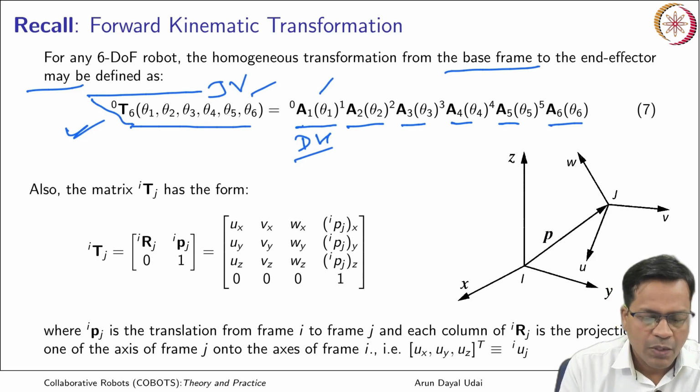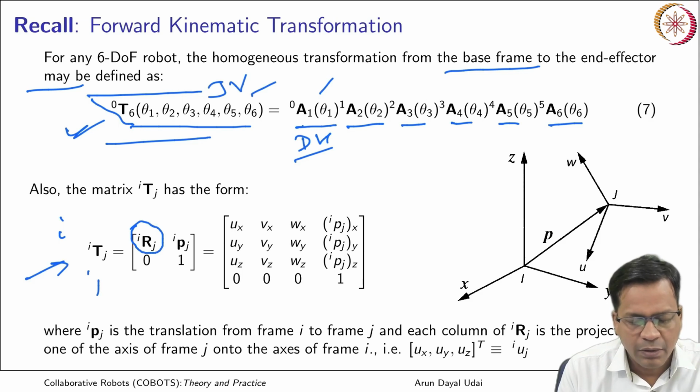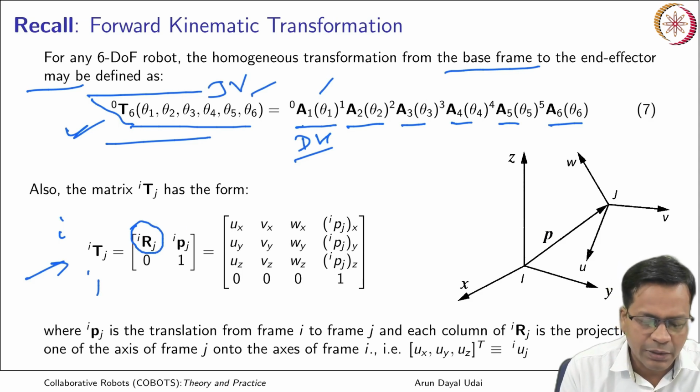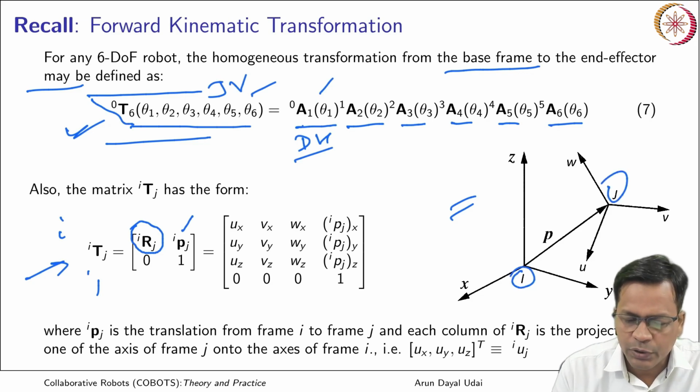Okay, so the link transformation matrix, or the total transformation from any point, let us say i to j, is given like this, where the 3 cross 3 matrix is the rotation transformation matrix, and the last column is basically the position of that point. So if this is the figure for that, it transforms from i to j by a position vector p.